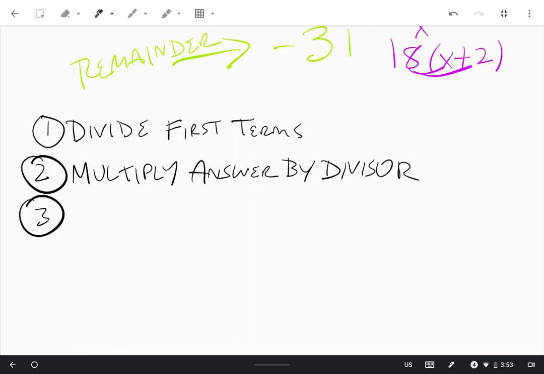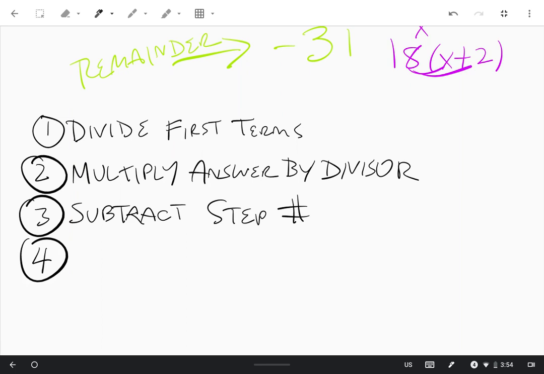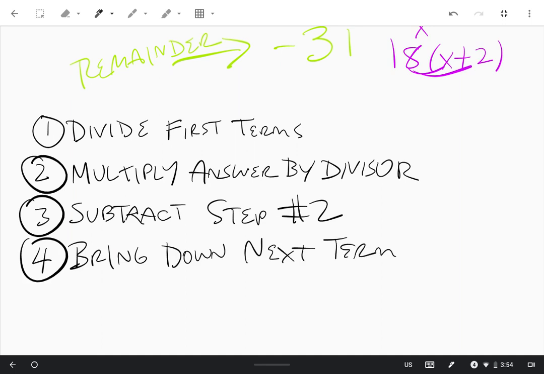Step 3, subtract what you get in step number 2. Lastly, bring down the next term. And lastly, repeat. All right, so that'll be there for you.